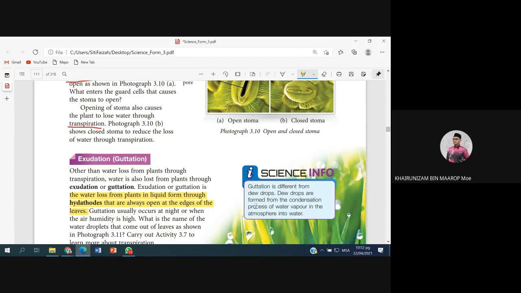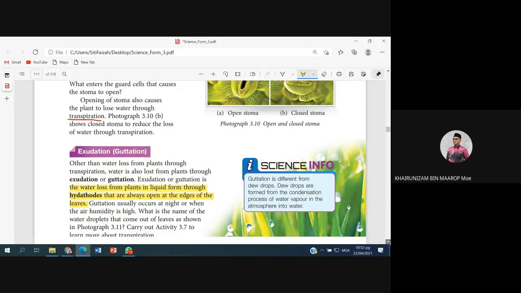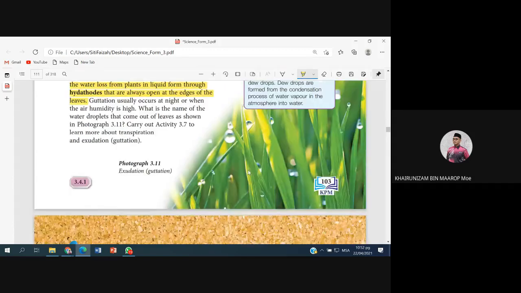At the edge, ini maksudnya, di sisi macam inilah, sisi daun, tepi ni. Okay, semasa proses respiration itu daun juga menghasilkan air dalam bentuk liquid.